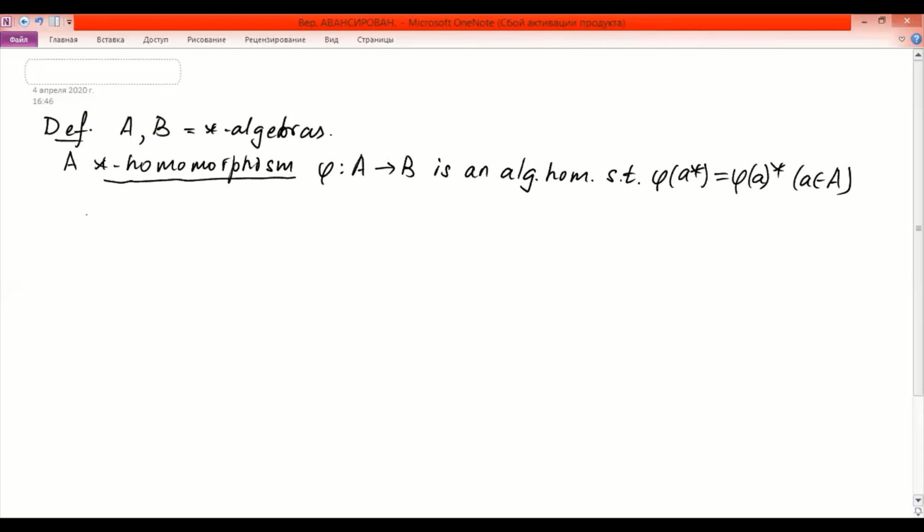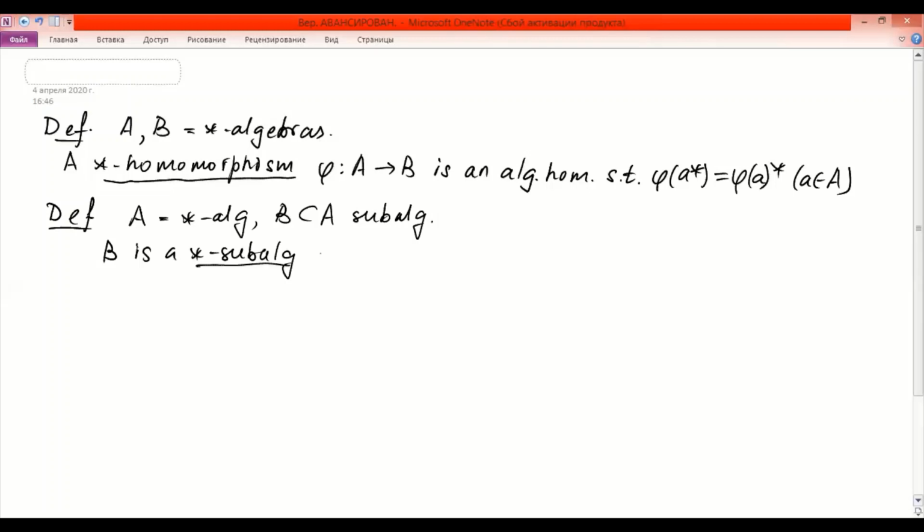Now, if you have a star algebra A, and if B is a subalgebra of A, then we say that B is a star subalgebra if it is stable under involution.